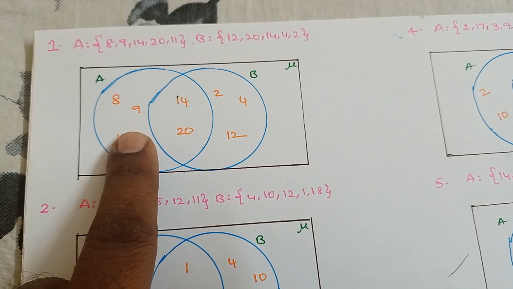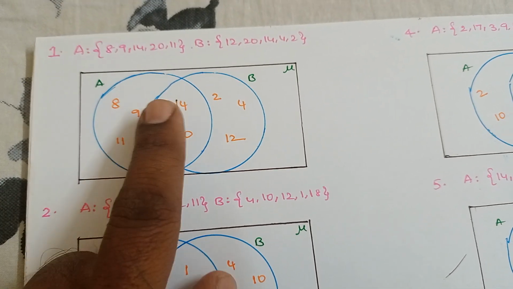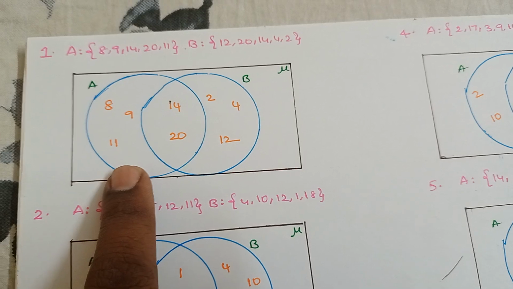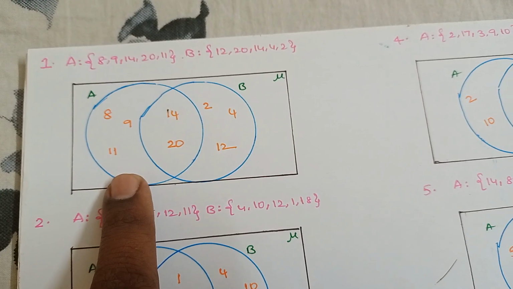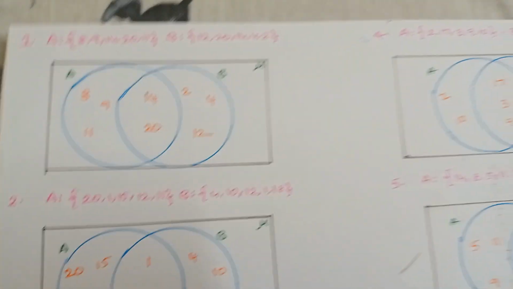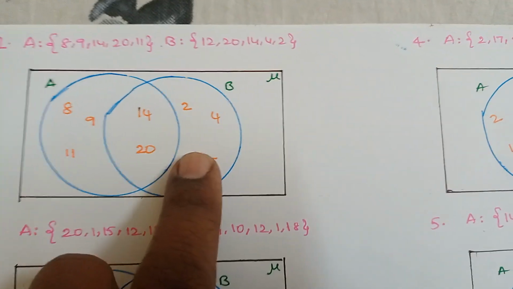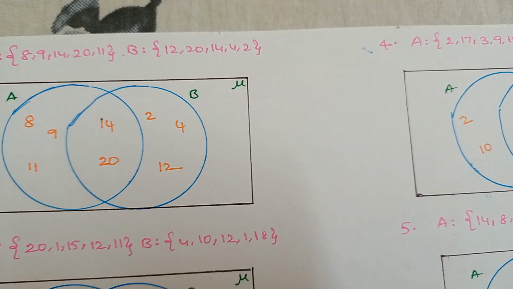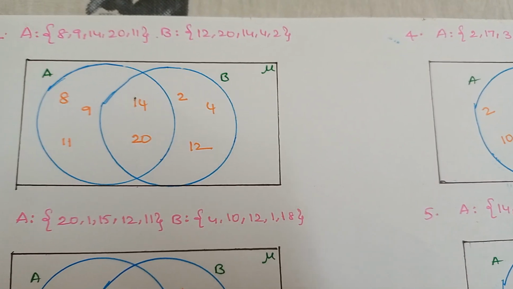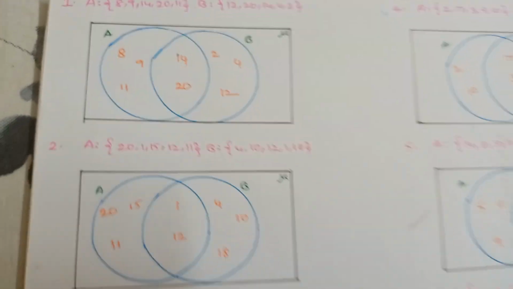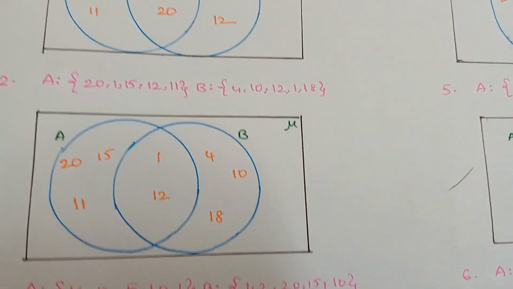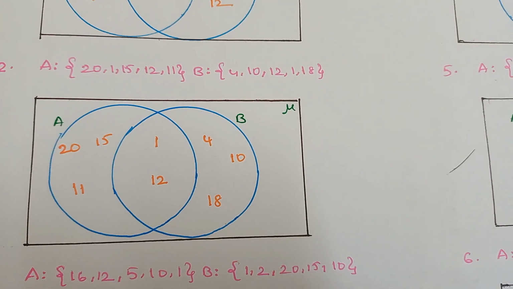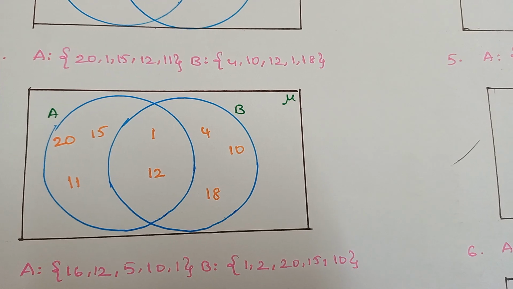This part is called only A, and if you include the middle it is called A. There is a difference between A and only A. Similarly, the elements left out other than 14 and 20 in set B are 2, 4, 12.